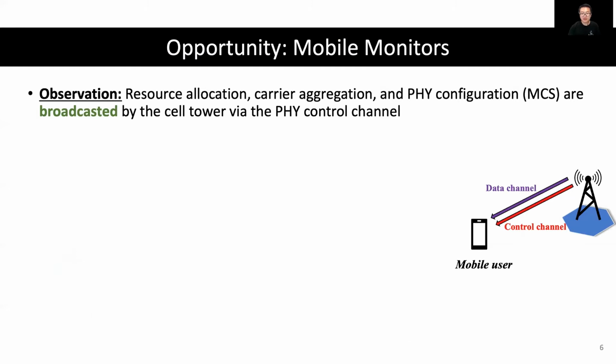We observe that the cellular network has a dedicated control channel to deliver all the information we have mentioned, like the resource allocation results, the carrier aggregation results, and the physical layer configurations, to the mobile user. Most importantly, the control channel is not encrypted, which means a mobile user can decode every control message sent over this channel.